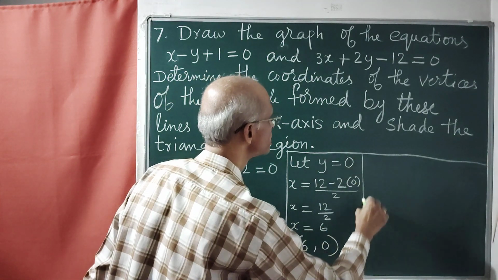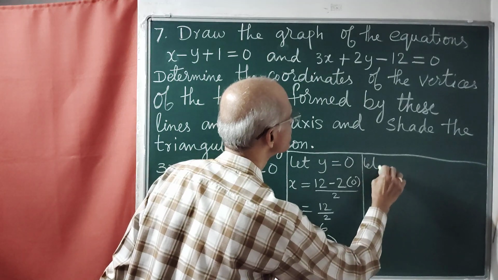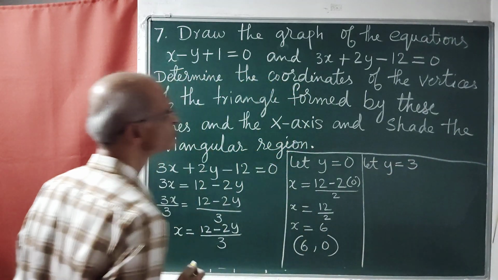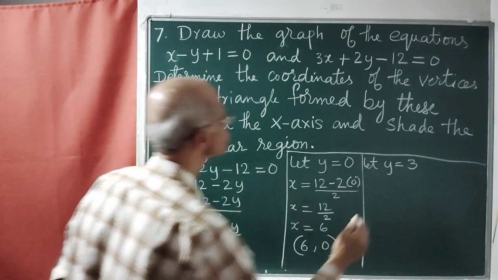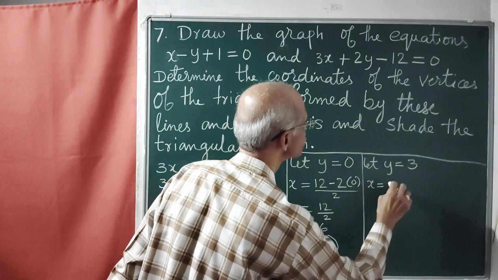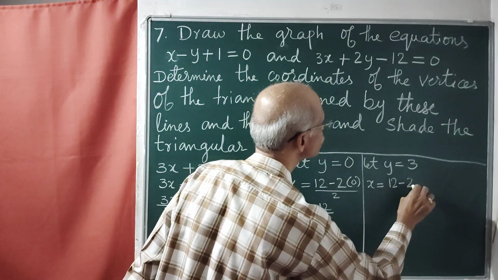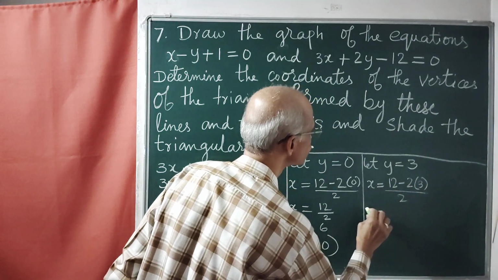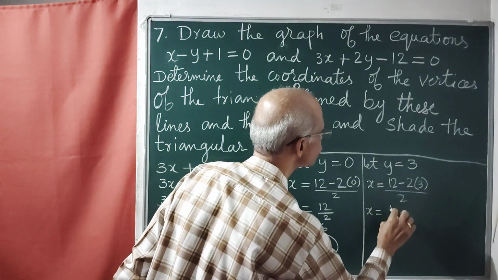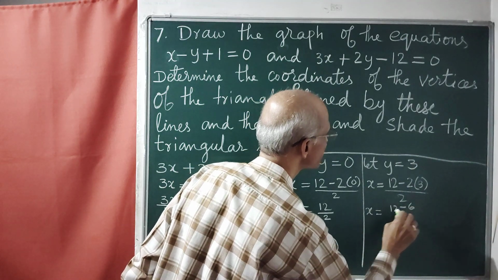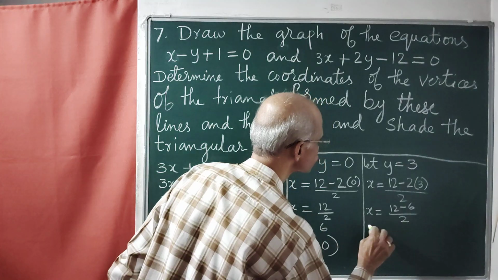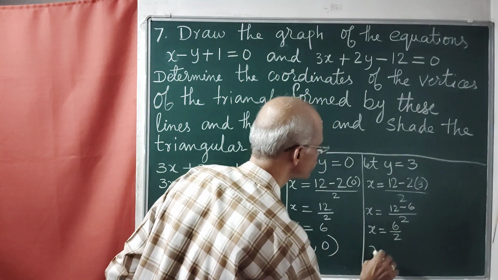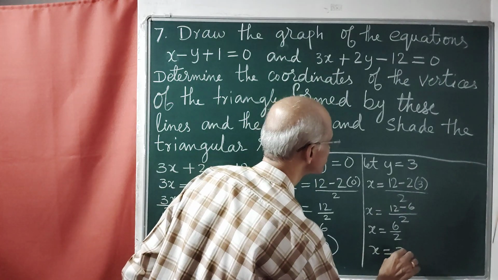Next, let y be equal to 3. So x will be equal to 12 minus 2 into 3, whole divided by 2. So x will be equal to 12 minus 6 by 2. So x will be equal to 6 by 2. X will be equal to 3.